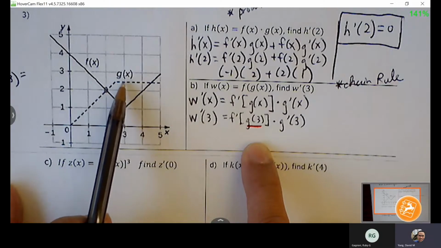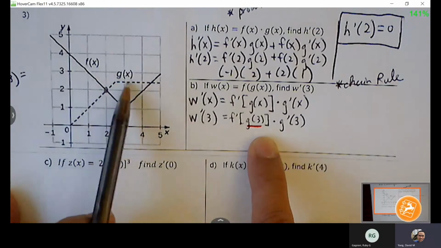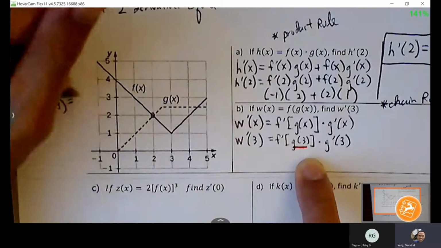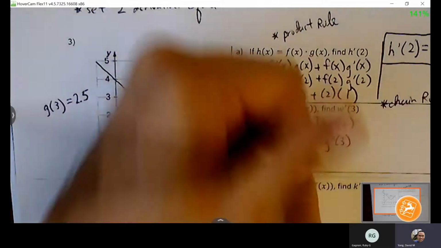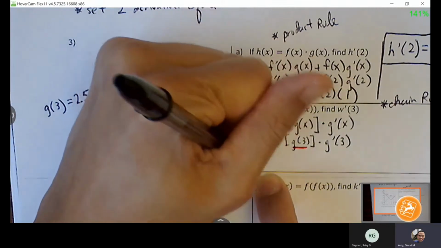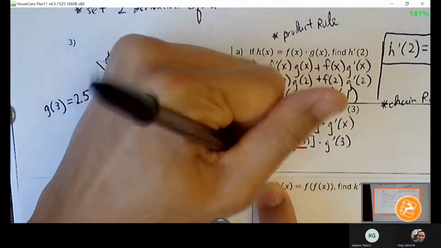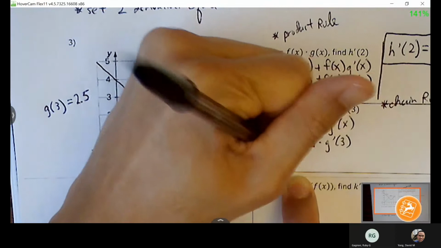It looks like what? A y value of 2.5, right? 2.5. Okay, so g of 3 was 2.5. So we insert 2.5 in for g of 3, but I'm just going to rewrite this problem here. I want this to look a little cleaner.